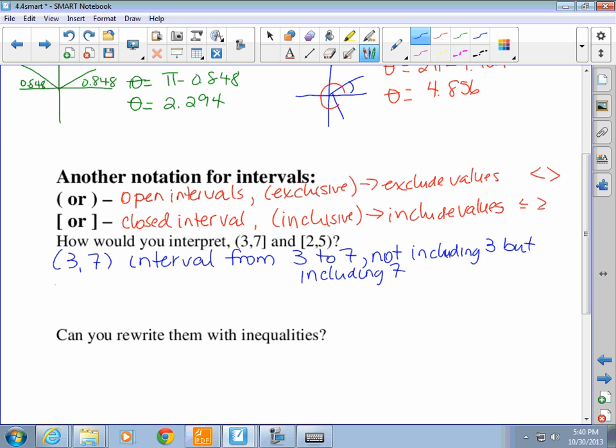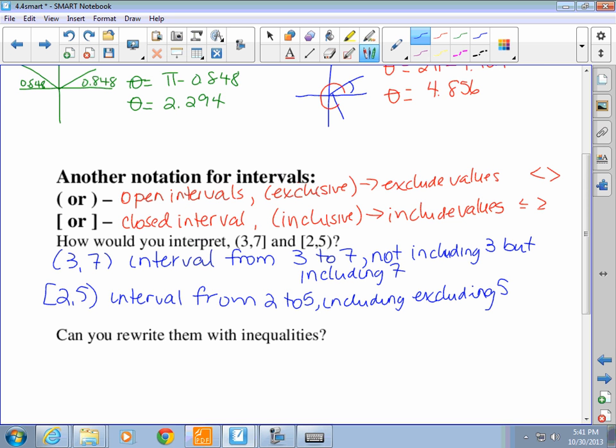The second one, which has the square bracket and then the round bracket, would be the interval from 2 to 5, including 2, excluding, or not including 5.